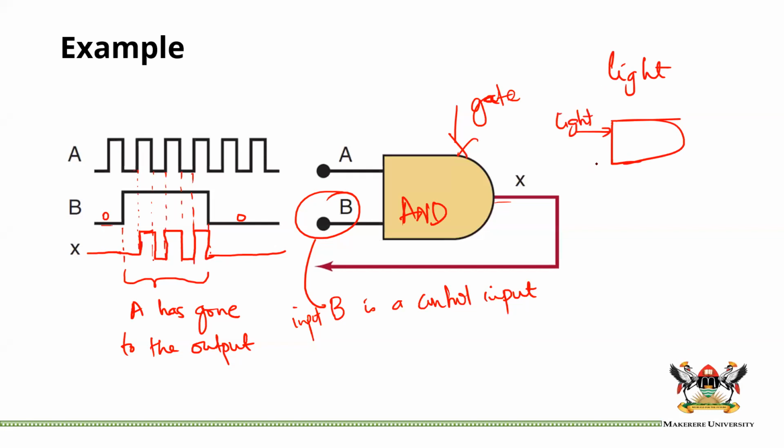That light could be a flashlight, and I have my B. This light might be 1. 1 might mean light on. So I make sure that here I have a 1, meaning light is on, but using B, I can determine whether light actually goes through to the output or not by making B either a 0 or a 1.